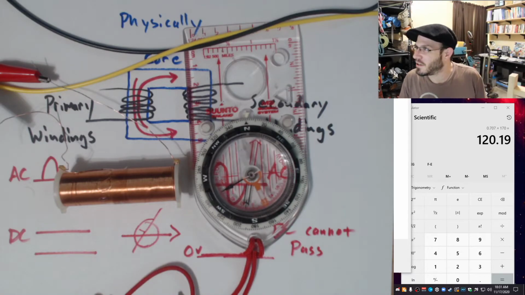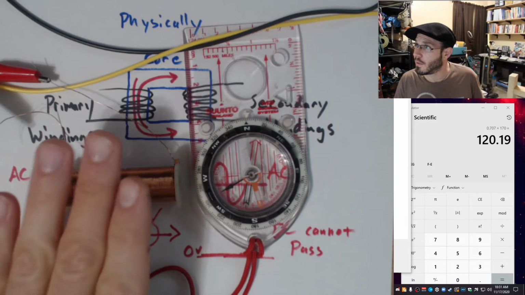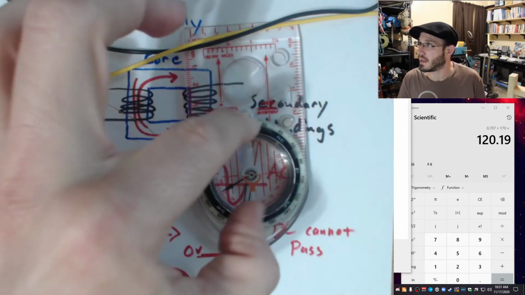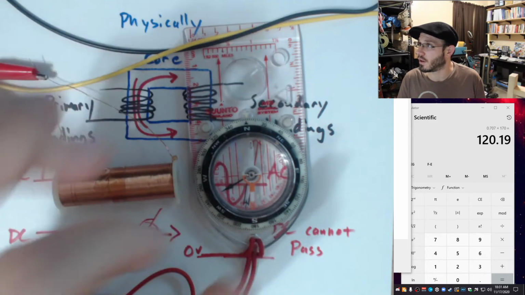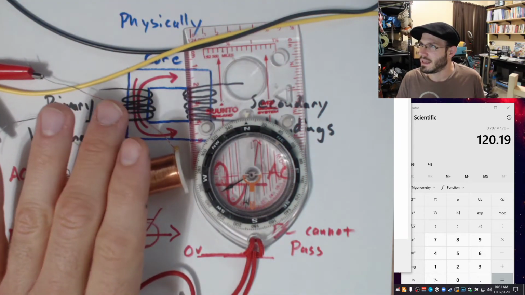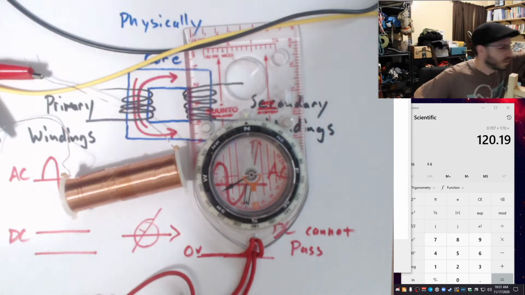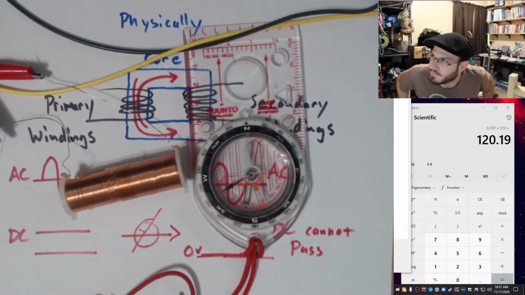Because as I increase the amplitude of the AC voltage to my inductor, I'm getting a stronger magnetic field. So I expect to see my compass go a bit further. And yeah, I'm comfortable right there. I could go up to 10 volts, wouldn't bother me. Okay.